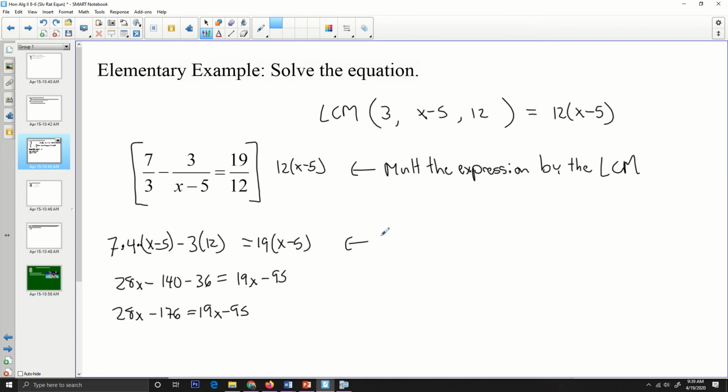So here I have distributed. Here I am just simplifying. And now, since I want to keep everything positive, I'm going to add 176 to both sides, and I'm going to subtract 19x from both sides.